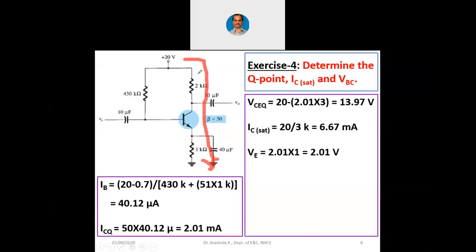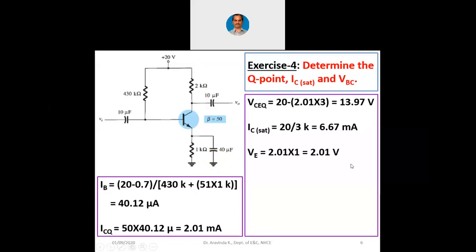So you will have to consider all the resistors which are coming in this particular path. You cannot say only 2 kilo ohms. So in case of the self bias or emitter bias, the formula for this IC sat is VCC divided by RC plus RE. That is how you have to analyze it.